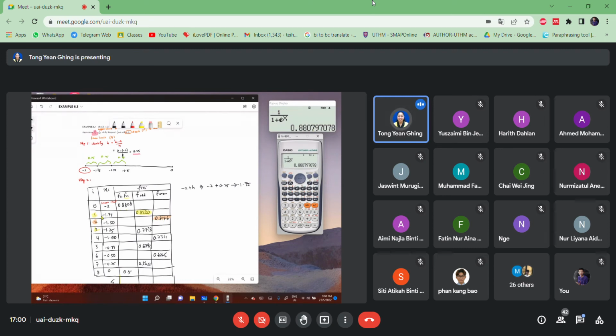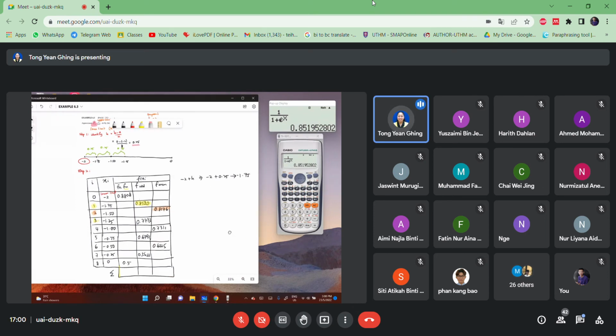Then your x is -1.75, so you get this value 0.8520. You do this, calculating and keying in the value of x one by one, if your calculator doesn't have this function.